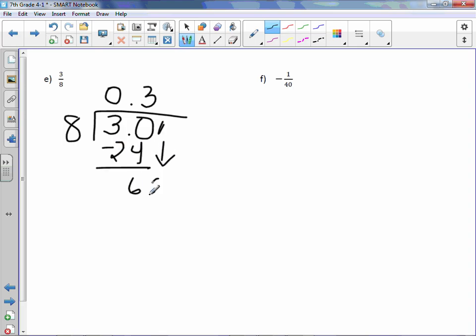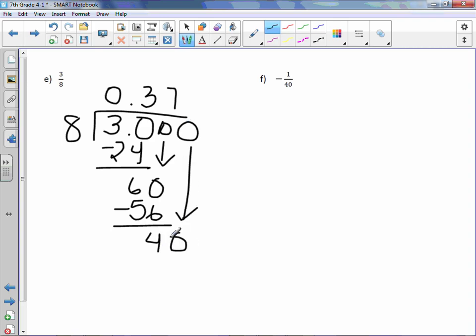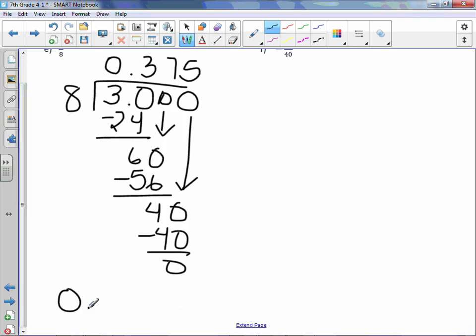Bring down a 0. 8 into 60, 7 times, which is 56. Subtract and get 4. Bring down a 0. 8 into 40, 5 times, which is exactly 40. So our decimal here is 0.375.